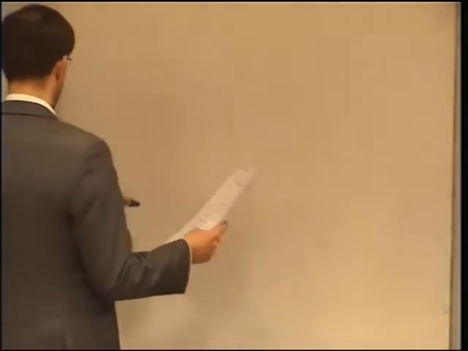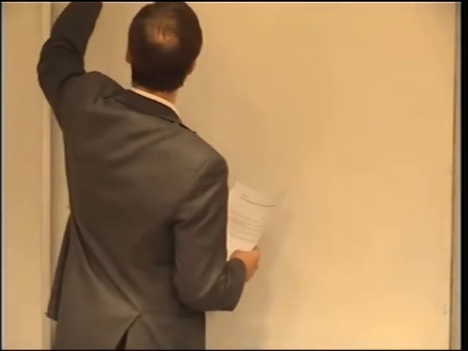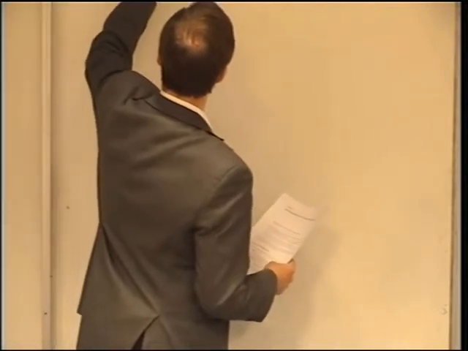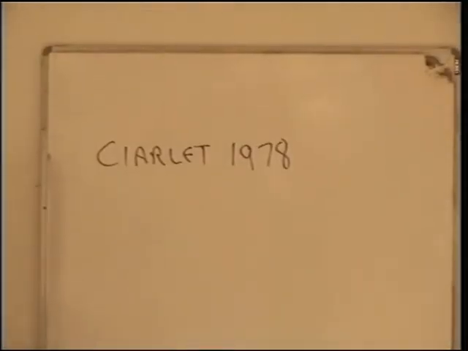And so this is a definition from way back in 1978, by Ciarlet, or however you're supposed to pronounce that, French mathematician. And so he pointed out what are called finite element triples.